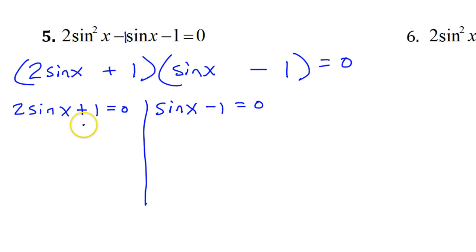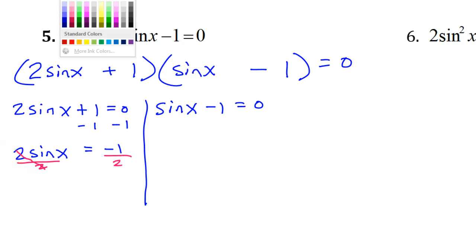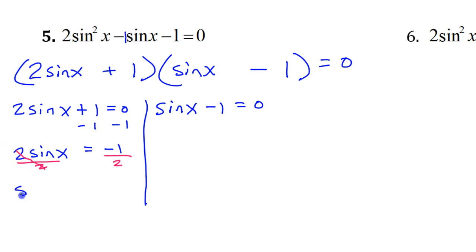So let's start by solving the left side. I would subtract 1 from both sides. So that's 2 sine x is equal to negative 1. Then I would divide both sides by 2. These 2's will cancel out. So now I have sine x is equal to negative 1/2.